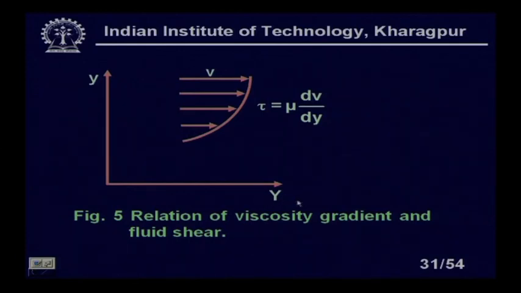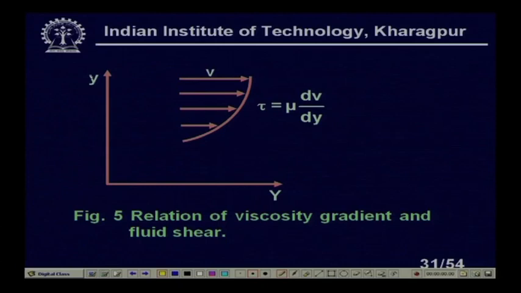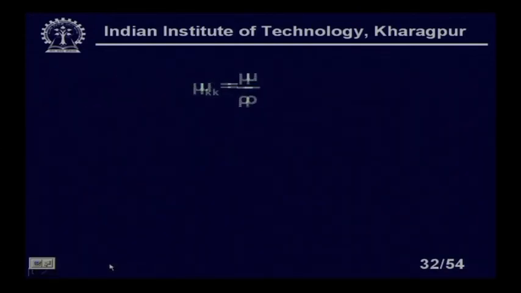This is V, I think, and this is Y. So, this will be V, this will be Y, right. Let me see.